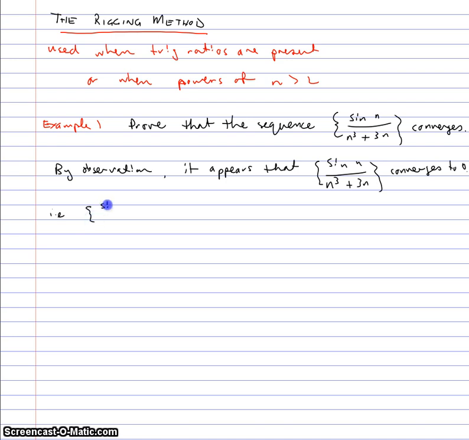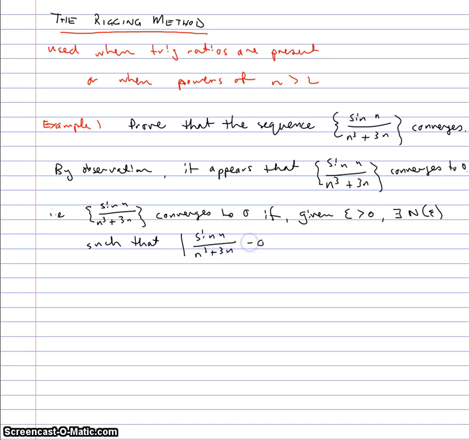So our sequence sine n over n cubed plus 3n converges to 0 if, given any epsilon greater than 0, however small, there exists a number dependent on that value such that the absolute value of sine n over n cubed plus 3n minus 0 is less than epsilon for all terms greater than that number n.